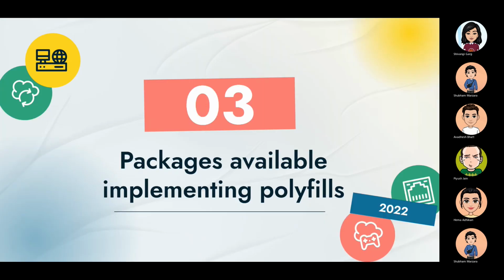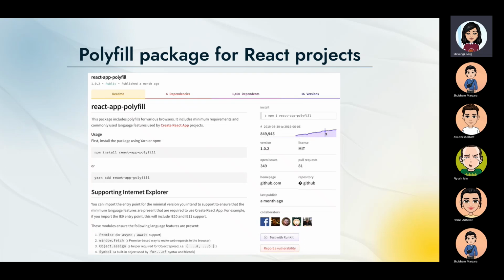There are a few packages already available which can be used in our projects so that we do not have to write all the polyfills manually. This is a very popular one, React App Polyfill. When we install this package in our project, it will create the polyfills on its own, and hence our project will be displayed and work normally in older or incompatible browsers.